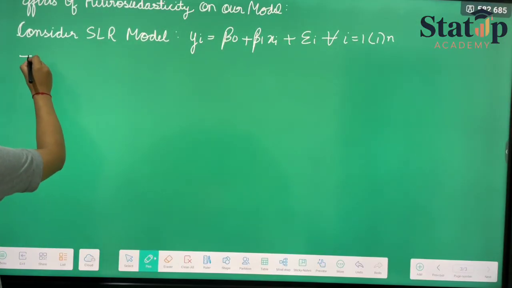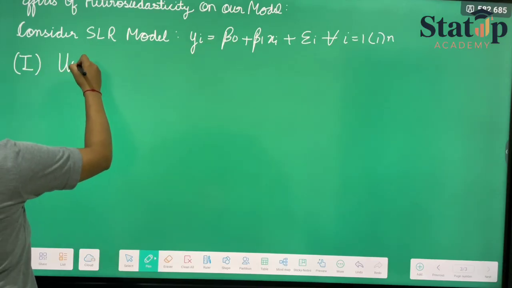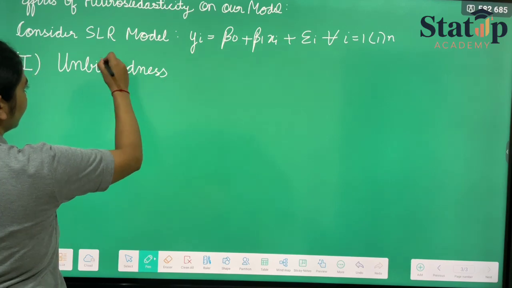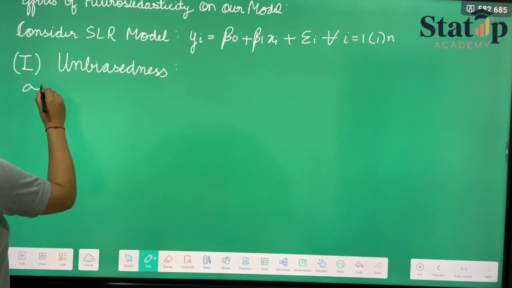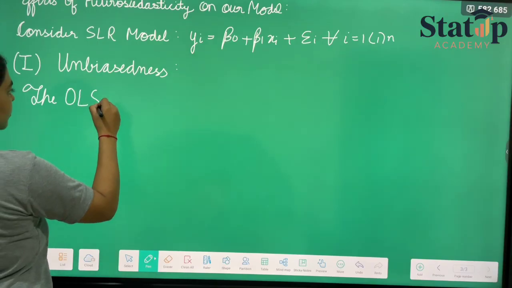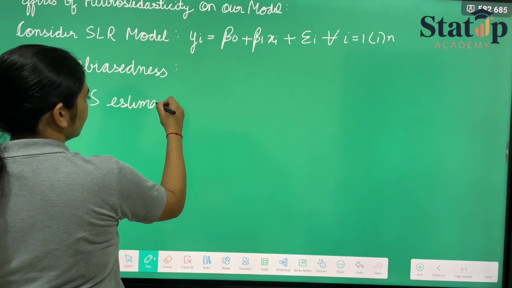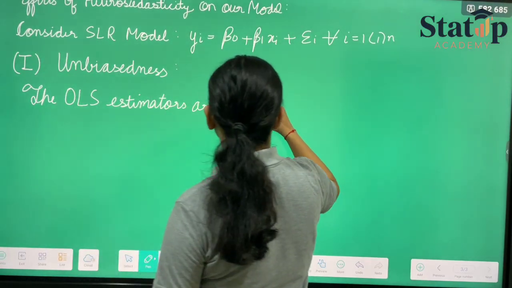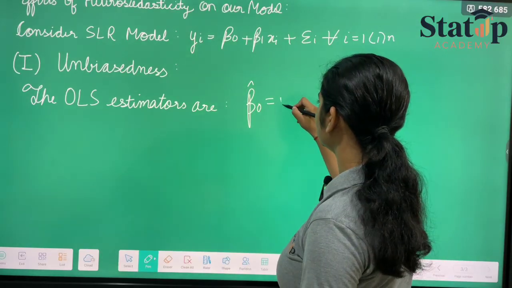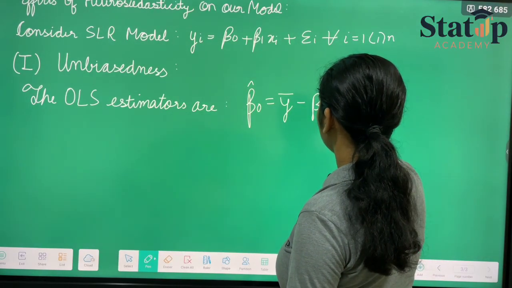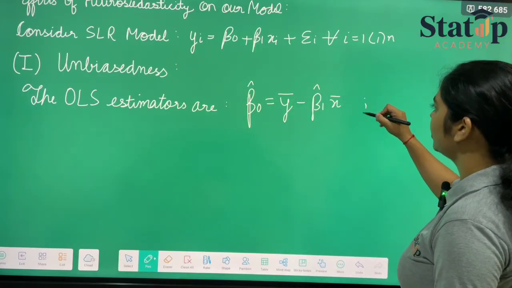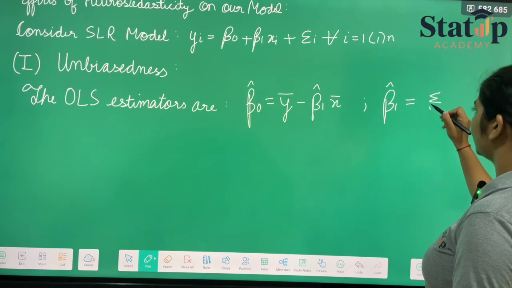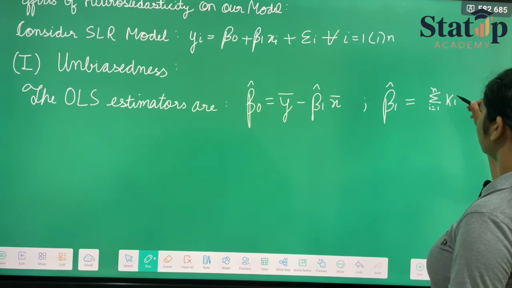So the first effect is unbiasedness. The OLS estimators are, for beta naught, beta naught cap, which is nothing but y bar minus beta 1 cap x bar, and for beta 1, beta 1 cap is nothing but summation i goes from 1 to n ki yi.